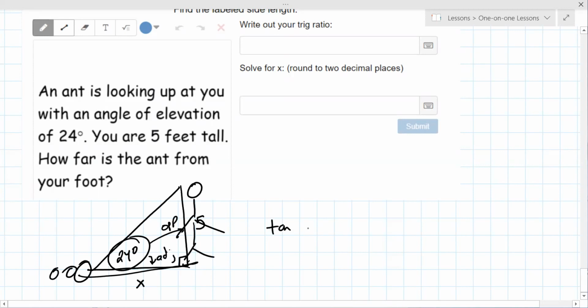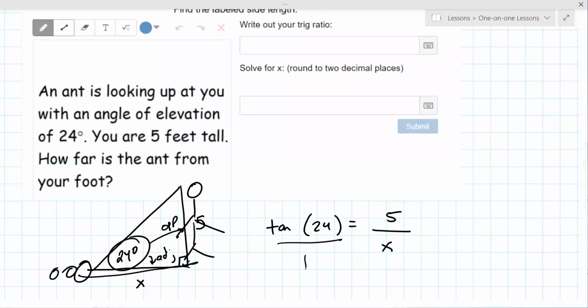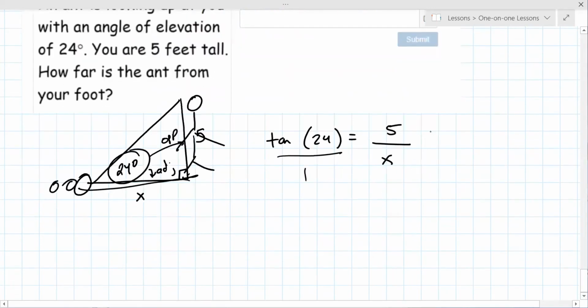So we use tangent. Tangent of 24 degrees equals the opposite side, which is 5, over the adjacent side, which is x. You either are diagonally multiplying or you're multiplying by the bottom thing, which in this case is x. If you multiply both sides by x, those cancel. It's the same thing as multiplying over here by x because x comes out in front.